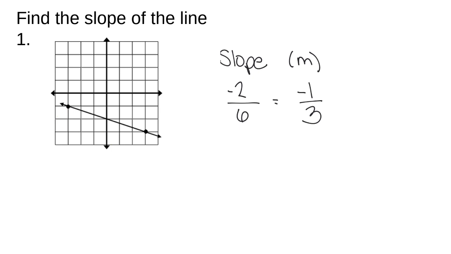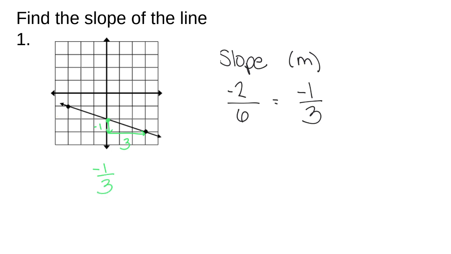Let's try that and see if we get the same answer. So if I was going to use this point, we would go down 1, so negative 1, and over positive 3. And so the slope would still be negative 1/3.